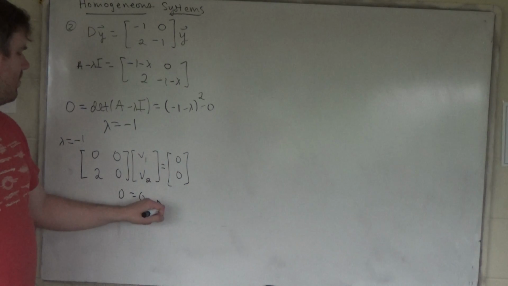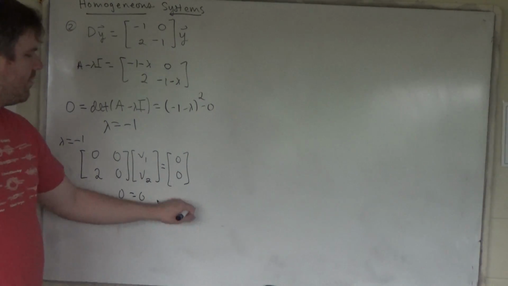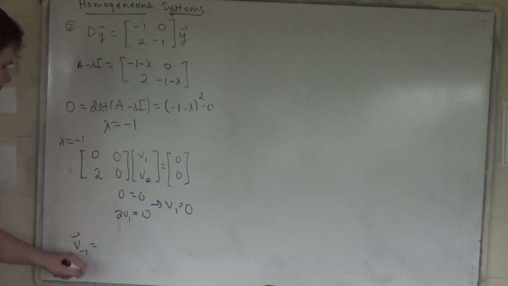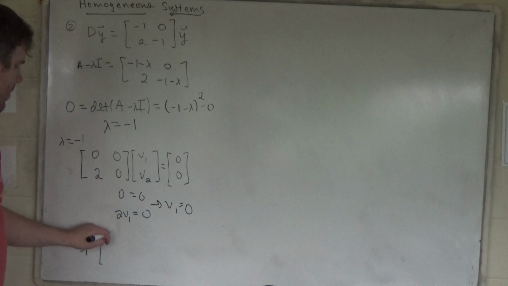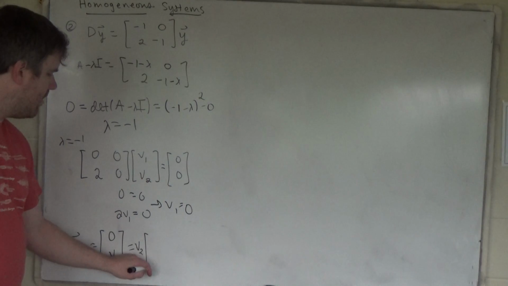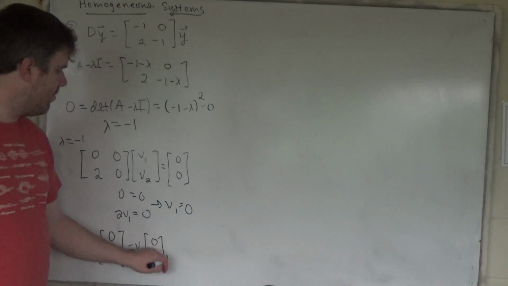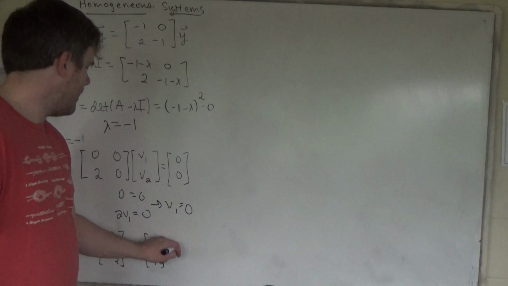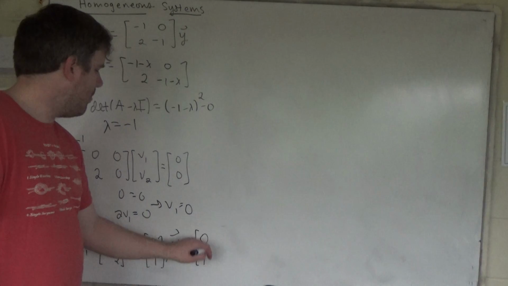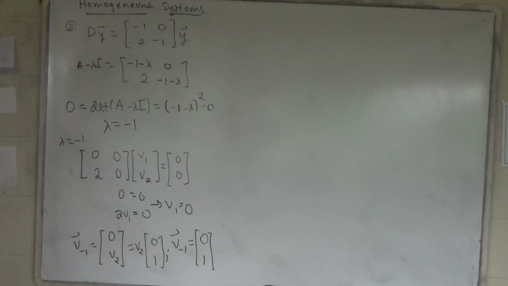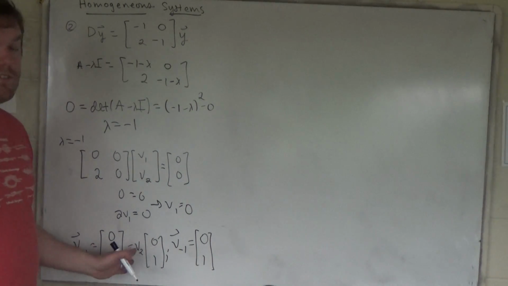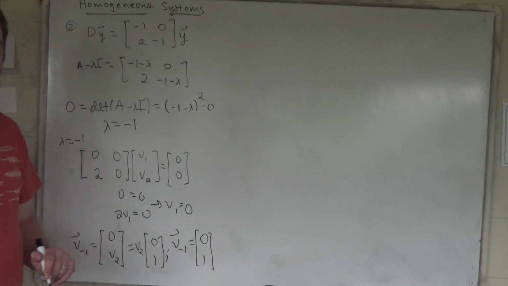If 2v1 equals 0, that tells us that v1 must be 0. Hence our eigenvector has v1 equal to 0 and v2 free to be anything it wants. We're going to set it equal to 1 like we do almost all of the time, and so we get the eigenvector 0, 1. I'll remind you that we don't have to let v2 be 1. It could be 7 or 10 or pi. It's just easiest setting it equal to 1 usually.